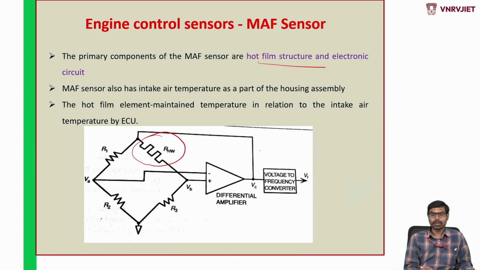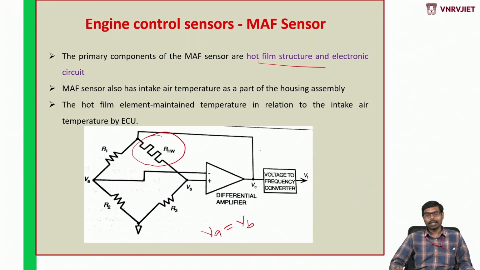The Wheatstone bridge, as we discussed in our plus one and plus two, and in PW also we came across. Initially, when there is no airflow, the Wheatstone bridge is in a balanced condition, that means VA is equal to VB. There is no voltage difference between input and output.